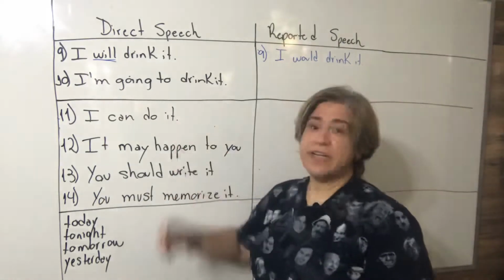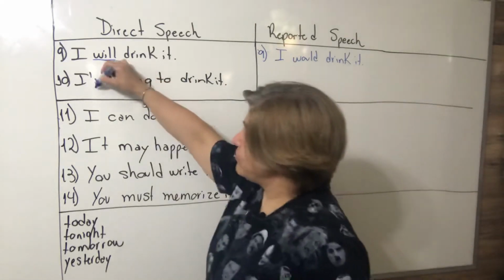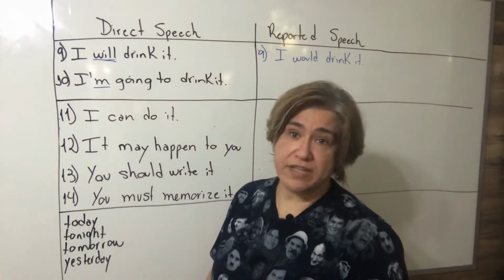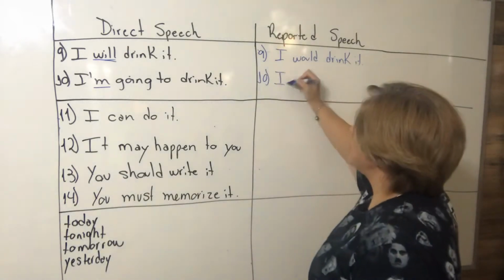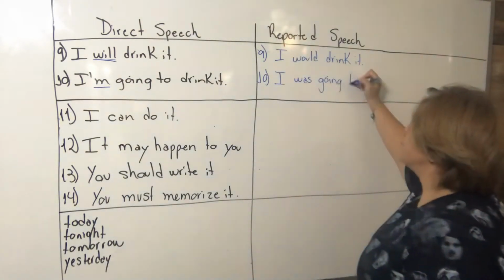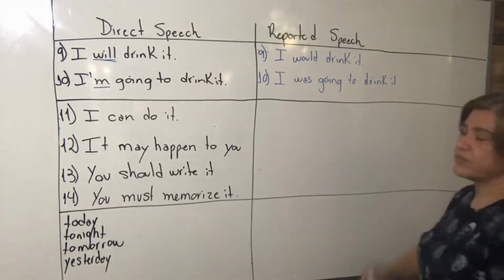I'm going to drink it is the near future, right? So am going to, it's pretty easy because the past of am is was. So in number 10, you're going to say, I was going to drink it. I was going to drink it, okay?